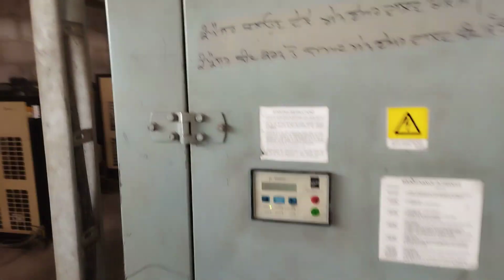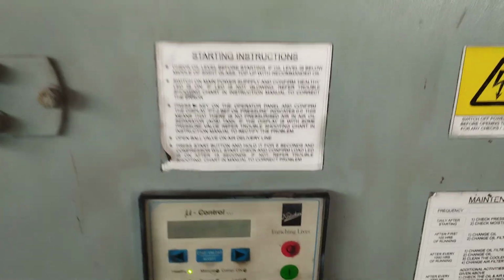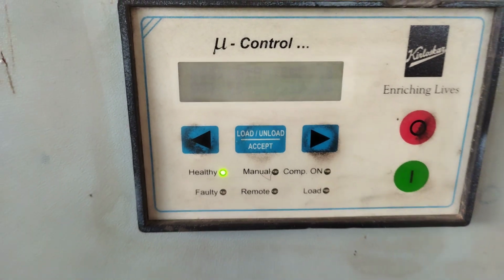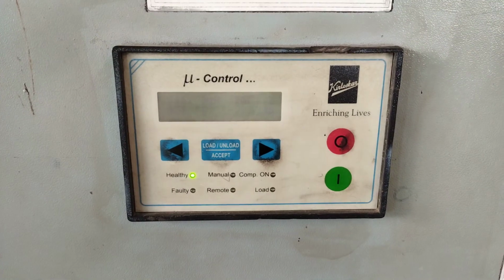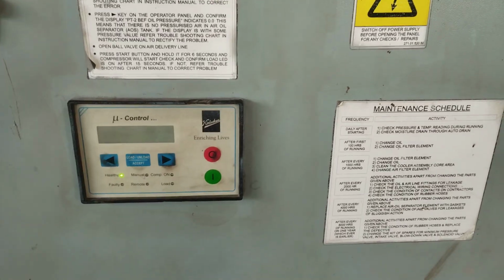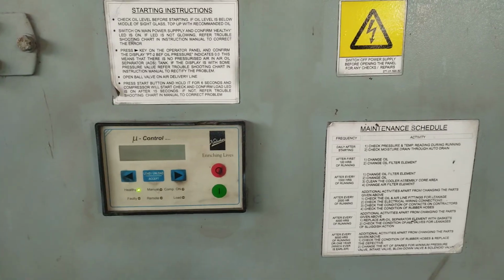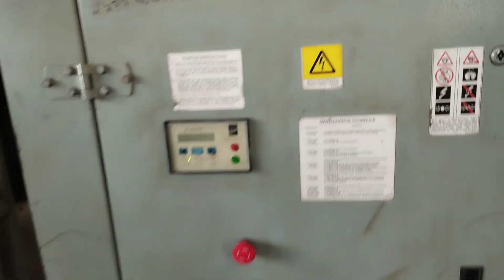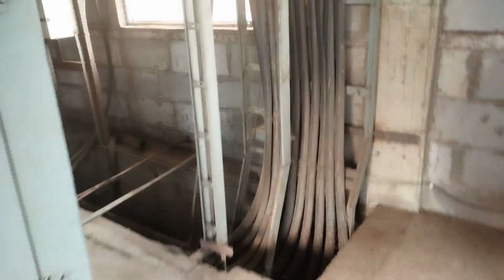This is an instrument air compressor. And the maintenance chart schedule and starting procedure are here. This is an air receiver tank.